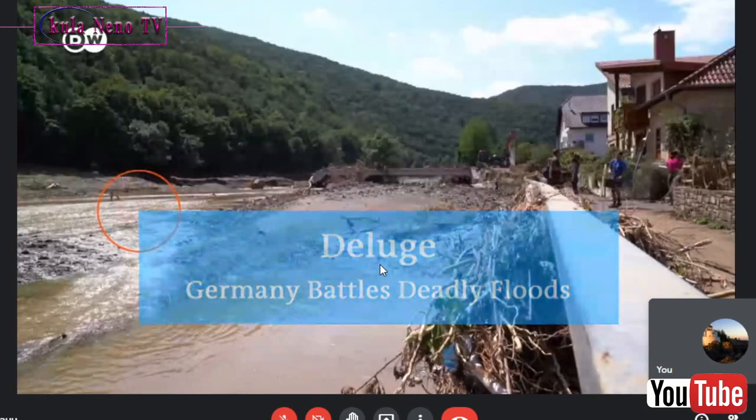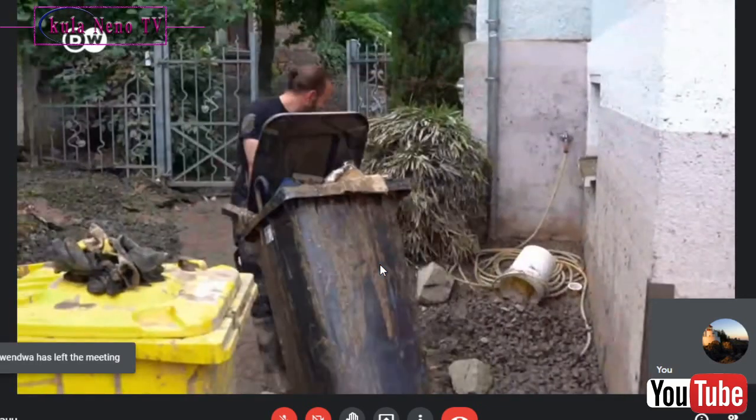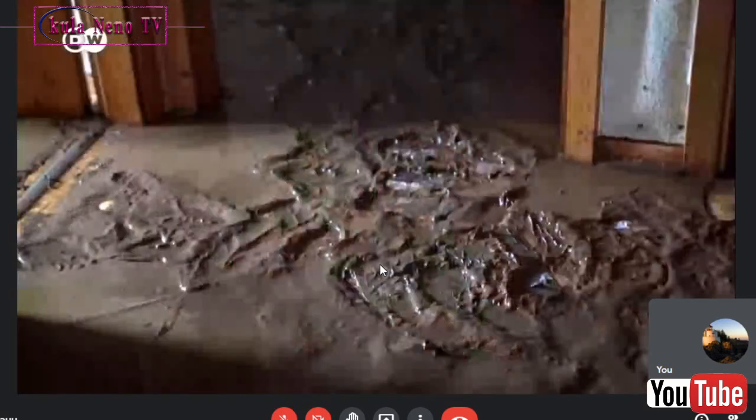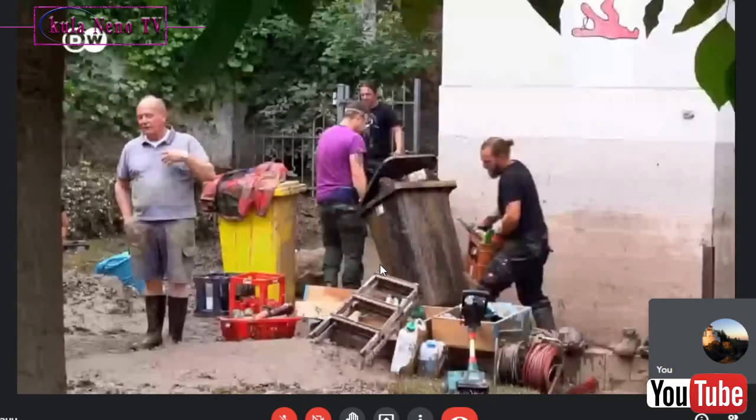The Mies family have never known anything like it. They've spent days in the mud trying to salvage what they can from the ground floor and cellar of their house in the town of Walporzheim. The property has been devastated by flooding from the Ahr. Normally a small river, it was turned into a raging torrent by days of heavy rain. It destroyed everything in its path.